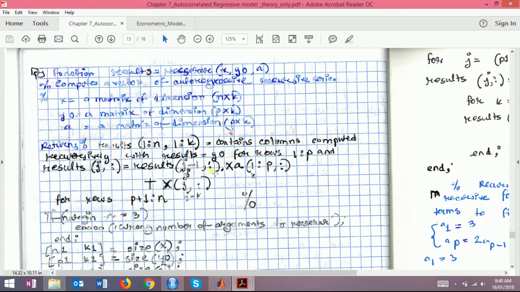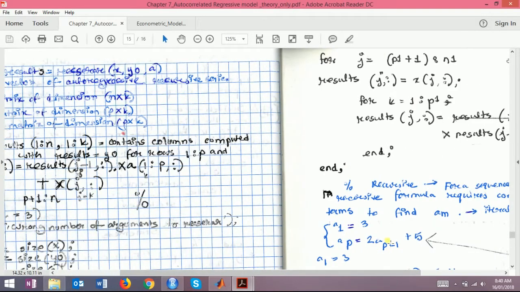Results j minus 1 rows, all columns, multiplied by a. If we're talking about the result, you're looking into the previous one. See, a_p equals a_p minus 1, into a.